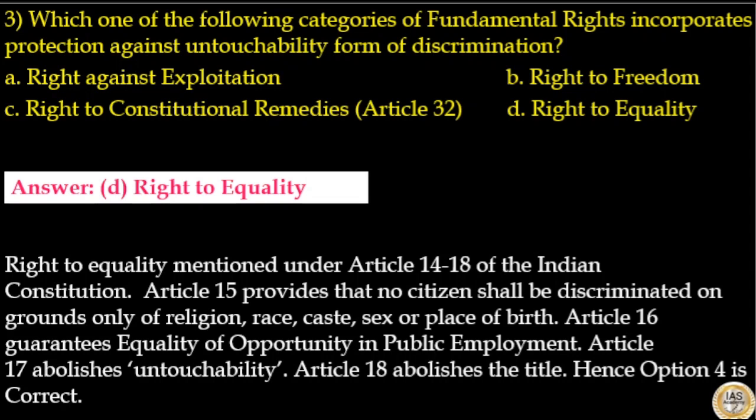Article 15 provides that no citizen shall be discriminated on grounds of only religion, race, caste, sex or place of birth. Article 16 guarantees equality of opportunity in public employment. Article 17 abolishes untouchability. Article 18 abolishes titles. Hence, option D is correct. The answer to this question is option D, right to equality.